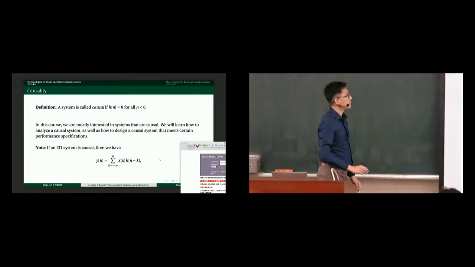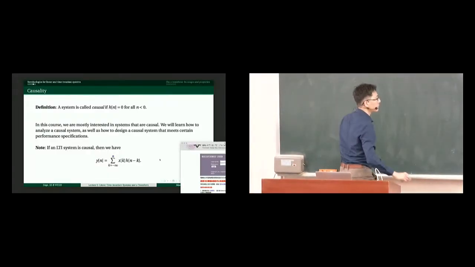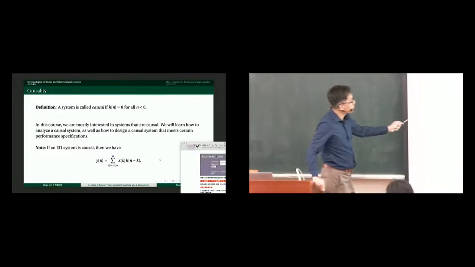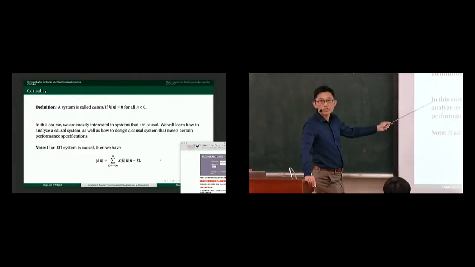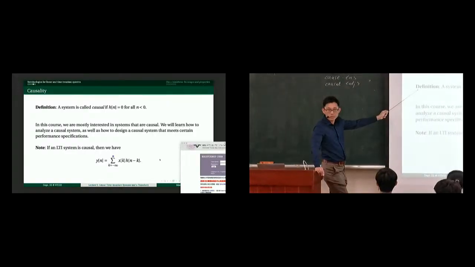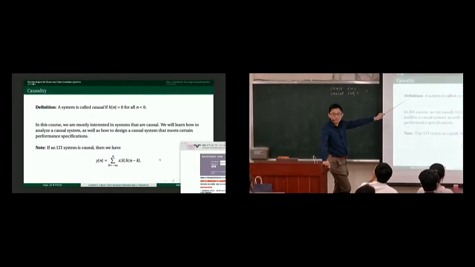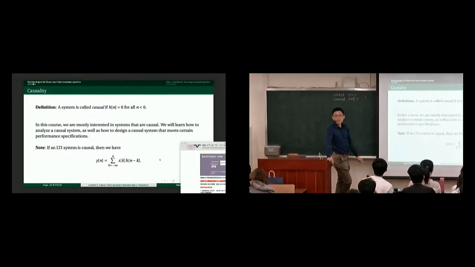Is that clear? In this course, we're mostly interested in causal systems, unless otherwise mentioned. You'll see in the next lecture that almost 99% of the time we focus on systems with causal impulse responses, 0 before time 0.